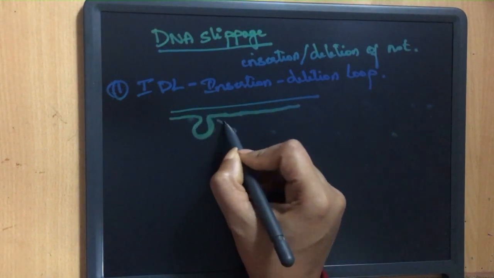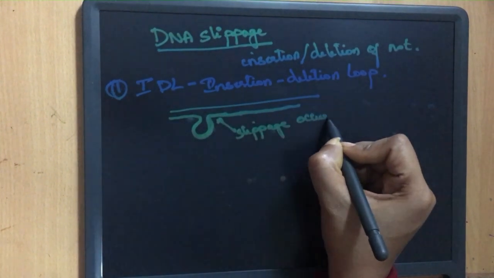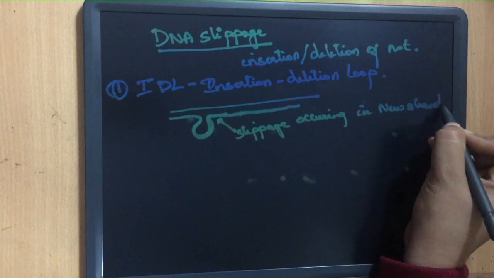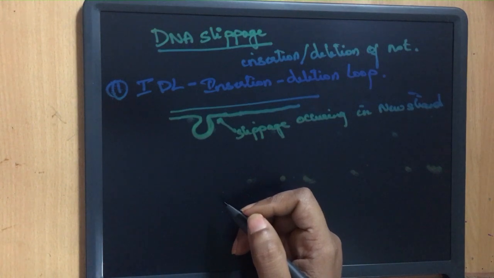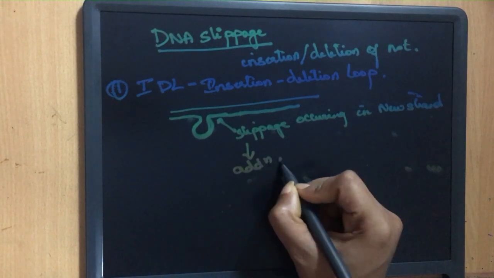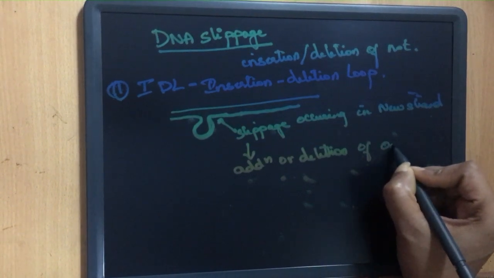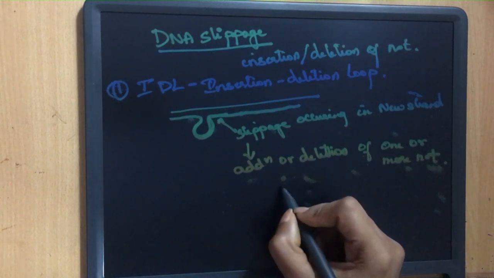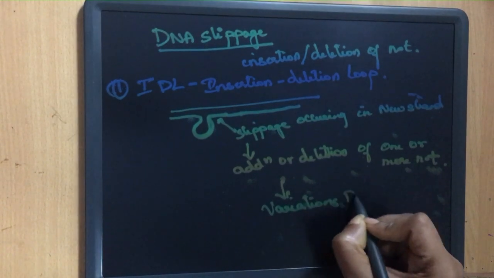Okay, here the slippage is occurring in the new strand. What could be the consequences of this? It can result in addition or deletion of one or more nucleotides, leading to variations in the DNA.